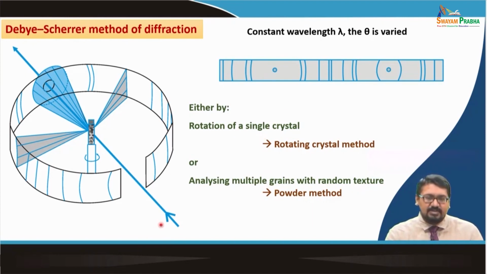So, what happens if you look into the schematic? There is this phosphor screen, and the X-ray beam falls on the sample, where the sample is being rotated. While the X-ray beam falls on the sample, various HKL planes will diffract at various theta angles, defined by Bragg's law, that is n lambda equal to 2d sin theta.